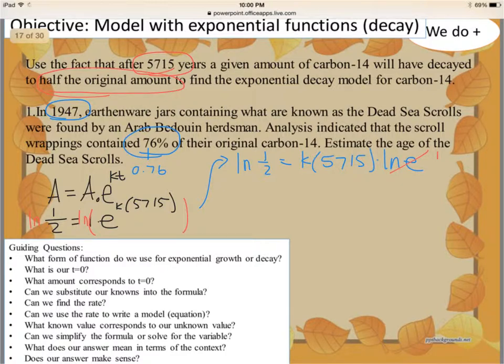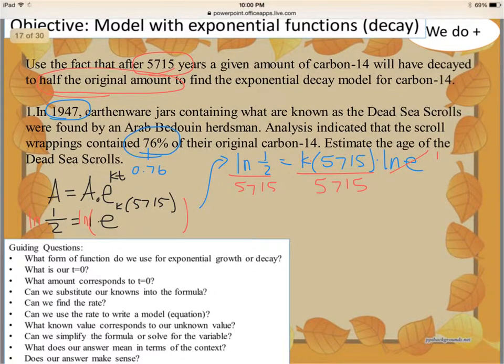The other thing we can see here is that k is being multiplied by 5,715, so we can just divide by that number in order to find k.